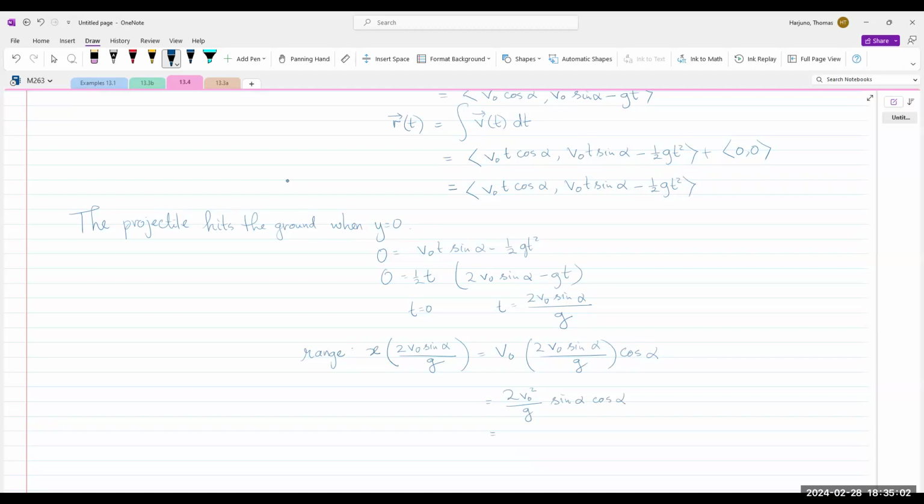Let me make it nicer. This is v naught squared sine 2 alpha over g. That's the range.